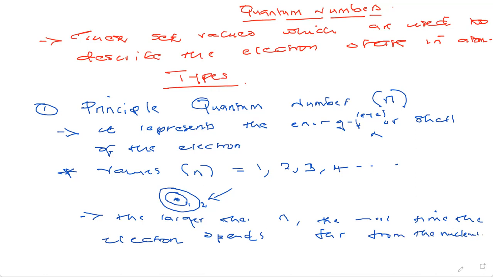So that's basically about the principal quantum number. You can have energy level 2, energy level 3, energy level 4, just like that.